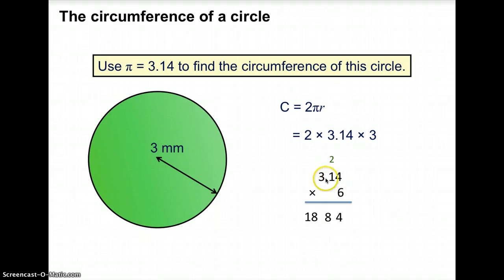There are 2 decimal places, so that means down here, we also need to count 2 decimal places. So from the rightmost part, we have 1, 2. We need to put a decimal point between 18 and 84. Okay, so the answer is 18.84 millimeters, or 18 and 84 hundredths millimeters.